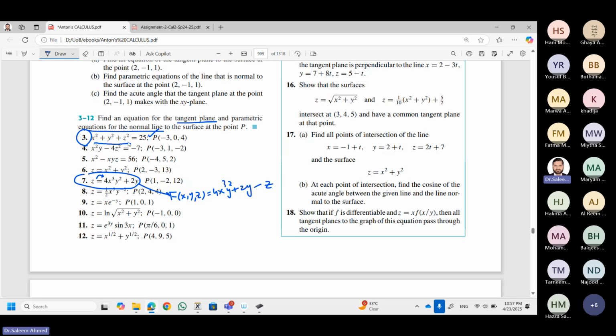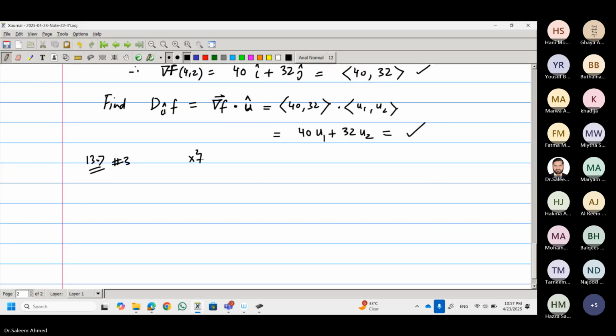So bring everything here. But if there is a constant on the right side, then no need to bring it. A constant can be on the right-hand side, no issue. So F(x, y, z) is equal to 25, and the point is (-3, 0, 4). I can call the left-hand side F(x, y, z). That is my capital F. On the right side, a constant is no issue. If there is any x, y, z on the right, then I have to bring that to the left.